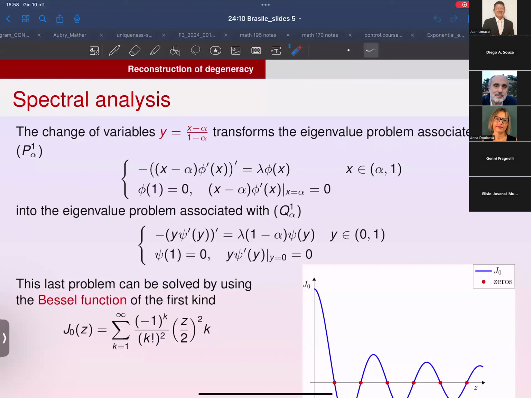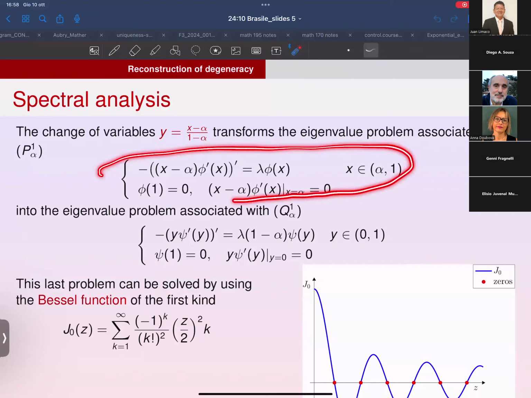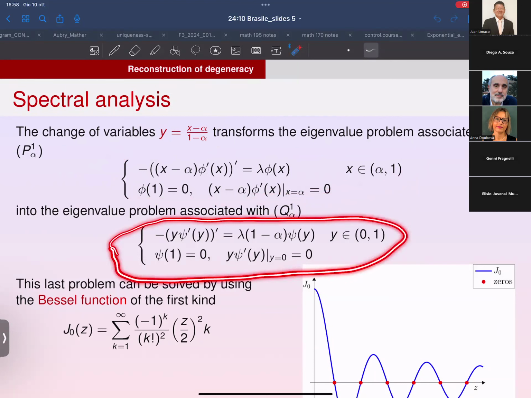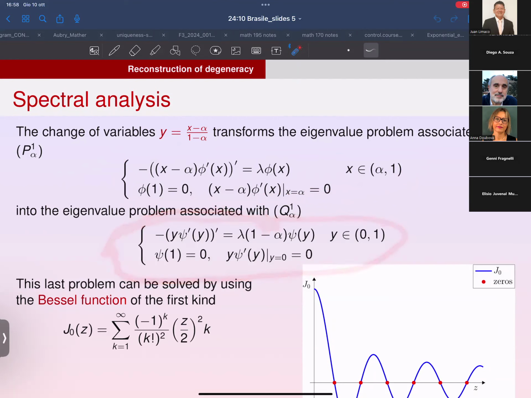So the spectral analysis will imply studying this boundary value problem and finding the lambdas and the phi's that solve it, the eigenvalues and the eigenfunctions. With the change of variable we saw before, the problem becomes this other one. Now we don't have an initial condition, and alpha is just a coefficient here.